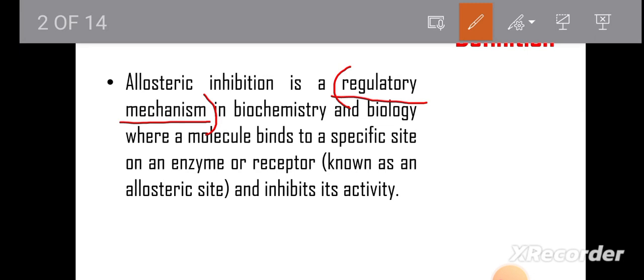In this mechanism, a molecule called a regulatory molecule binds to a specific site on an enzyme. For example, let me draw a small diagram.